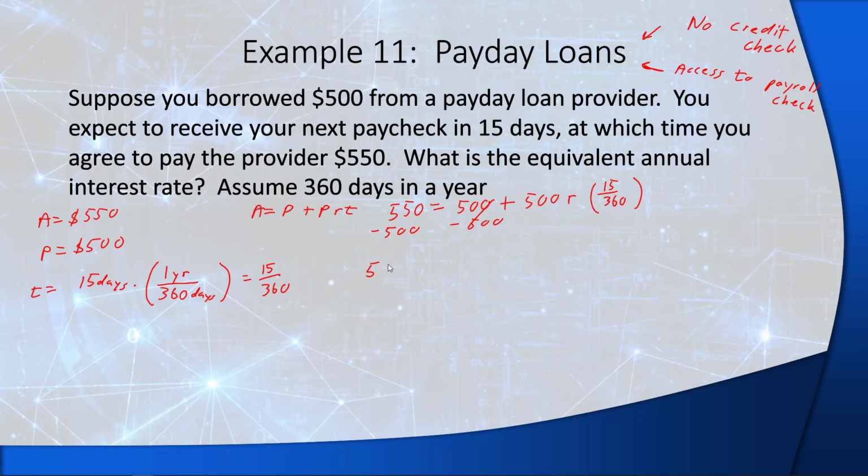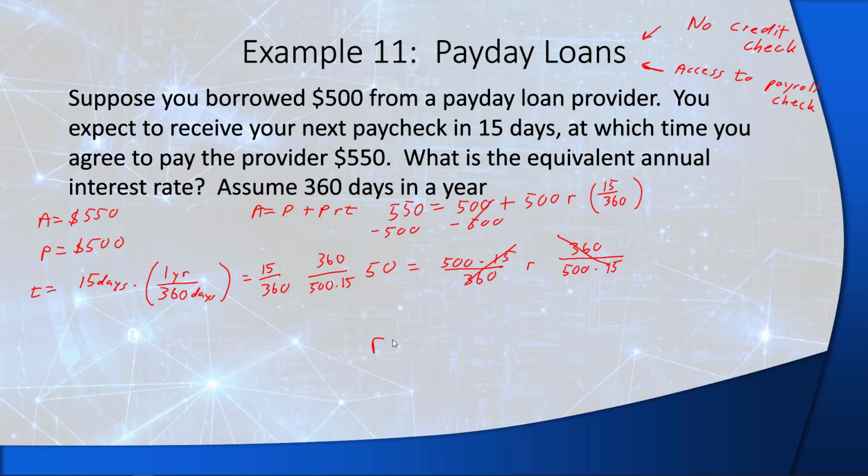Over here I will have 50, and that will be equal to 500 times 15 divided by 360 times R. And then I can multiply both sides by 360 divided by 500 times 15. I can do the same thing over here, and this will cancel with that.